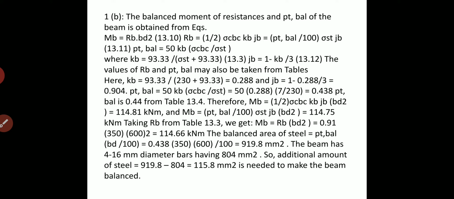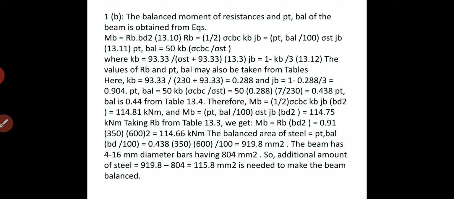And second portion, the balanced moment of resistance and PT balance of the beam is obtained from equation MB equal to RB into BD square. RB equal to 1 by 2 sigma CBC into KB into JB, equal to PT balance divided by 100 sigma ST into JB.